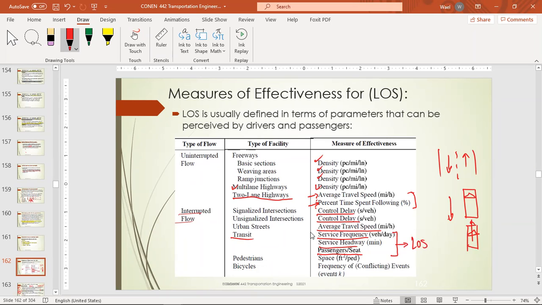For pedestrians, we measure the level of service based on square feet per pedestrian. For bicycles, frequency of conflicting events. Okay, so these are examples for the measure of effectiveness that we use to measure the level of service for different facilities.